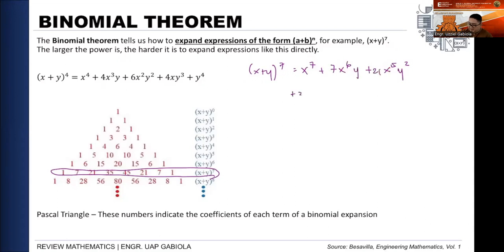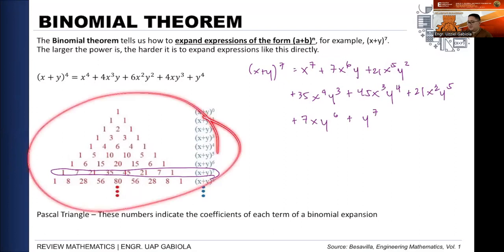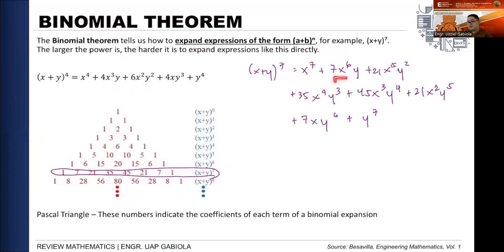So, plus 35 x to the 4th y cubed, plus 35 x cubed y to the 4th, plus 21 x squared y to the 5th, plus 7 x y to the 6th, plus yung last natin is y raised to 7. So, pertaining sa Pascal triangle and also dun sa reduction ng power dun sa bawat variable natin, we have the full expansion ng (x plus y) raised to 7.